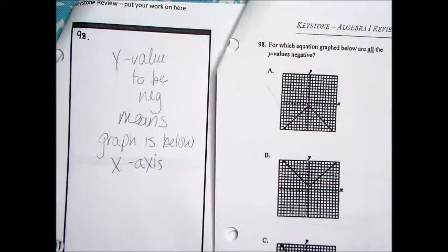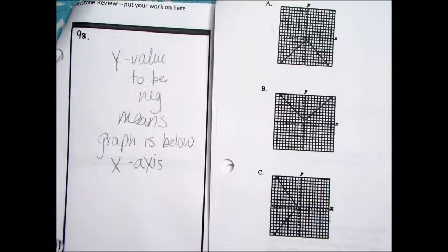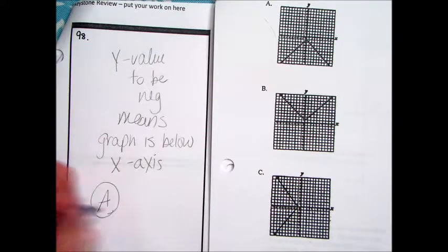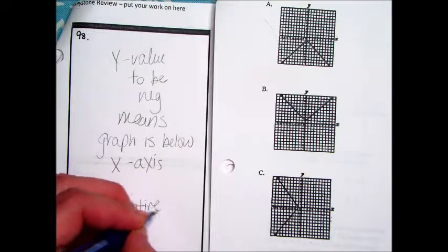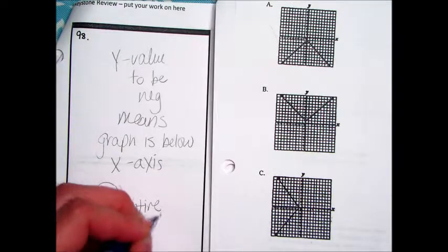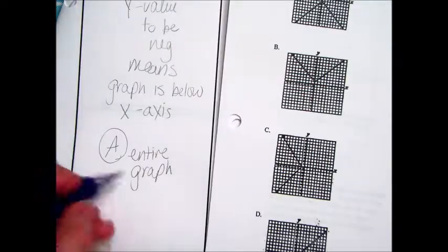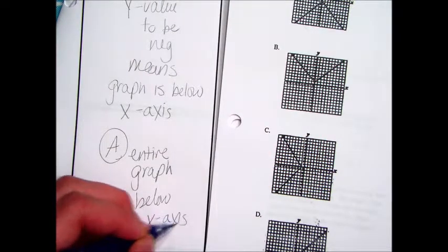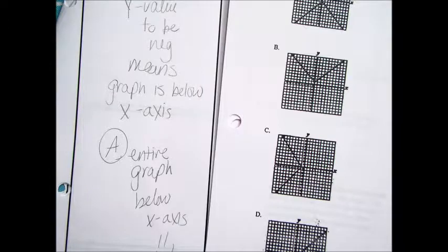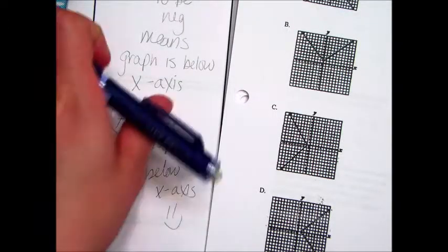So as you can see, A is the answer because the entire graph, or you could say line, but it's more proper to say the entire graph is below the x-axis. So that one wasn't too bad, right? That one wasn't too hard.